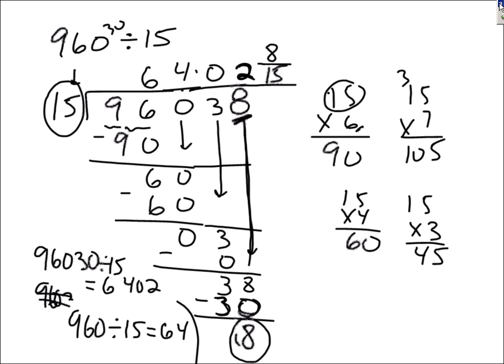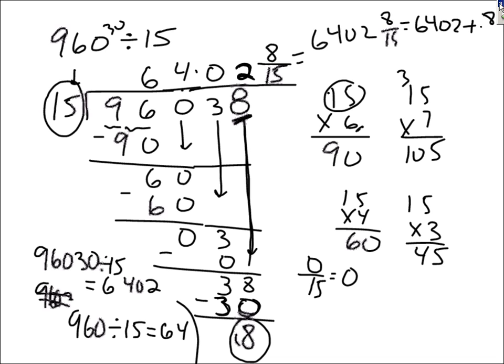Okay, if the remainder was 0, then you would have 0 over 15, which is 0. You don't have to add on 0. This number, 6,402 and 8/15, that means 6402 plus 8 over 15. Instead, it was 0 over 15.